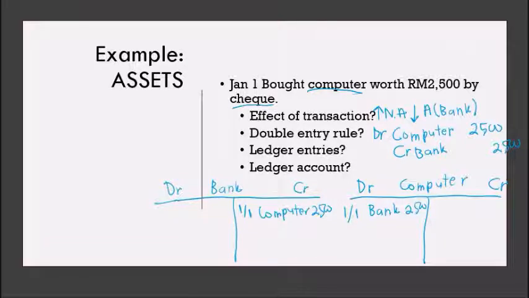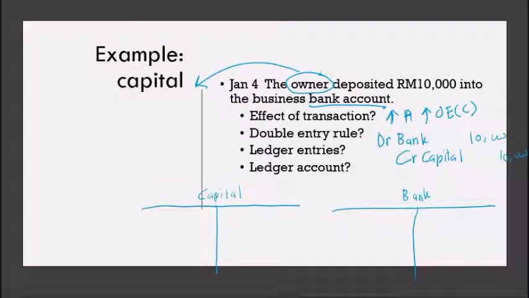You can see that bank already has on its credit side 1 Jan computer for 2,500. So when you compile with the next transaction, bank already exists. So 1 Jan computer 2,500.